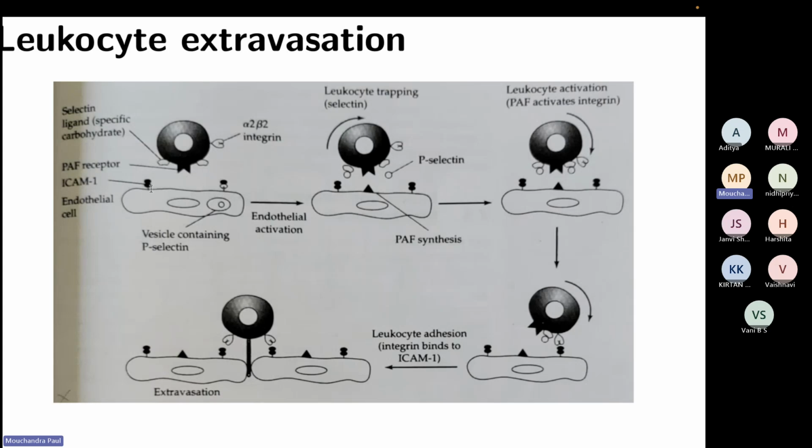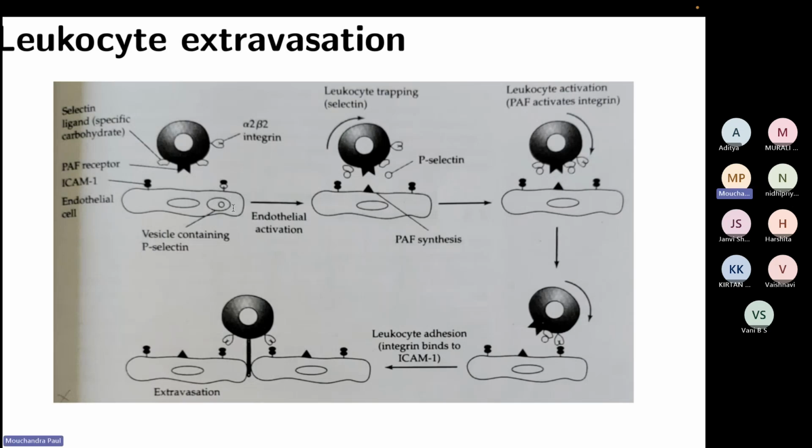Now they are going to help in this extravasation process because these receptors interact with the receptors present on endothelial cells. How does it happen? When a leukocyte reaches an endothelial cell, the endothelial cell becomes activated.